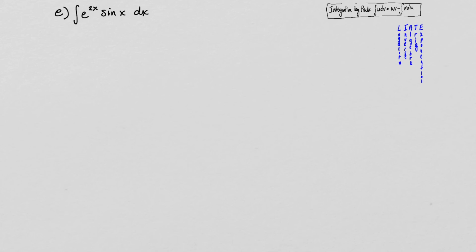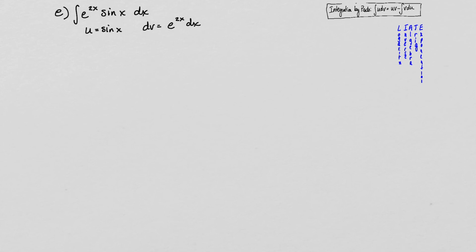I can't do u-substitution, so I'm going to be stuck with integration by parts. If I look at my mnemonic to help me, I don't have a logarithm, I don't have an inverse, I don't have an algebraic function this time, but the next thing I have is a trig function. So we're going to let u in this case be the trig function. So u is going to be equal to sine x, and dv is going to be equal to e to the 2x dx.